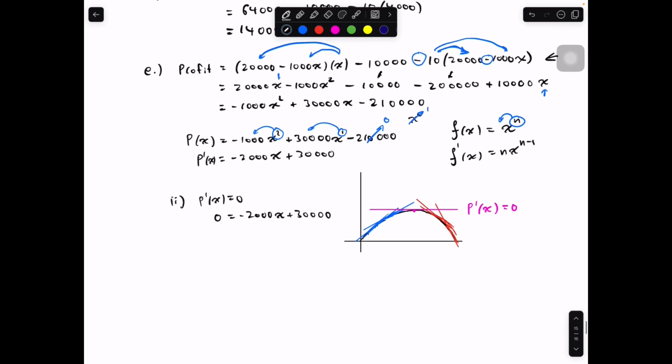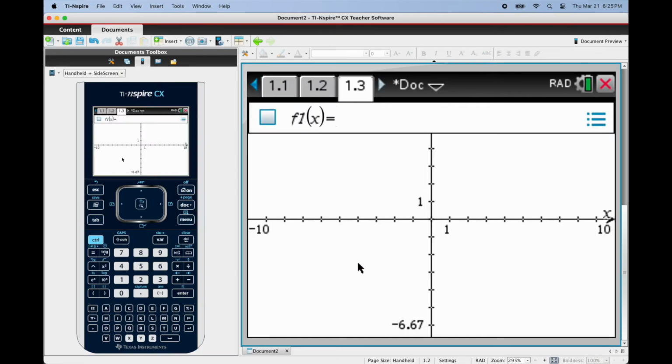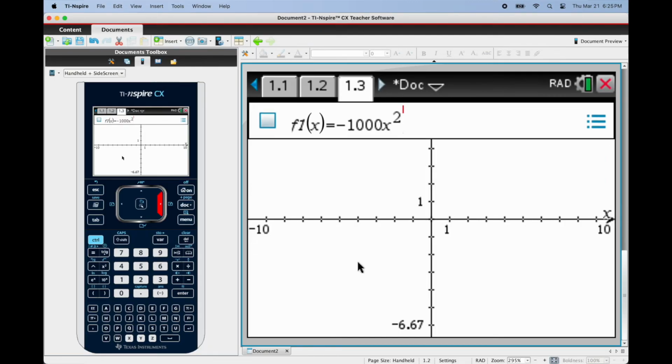Okay, so let's go to the calculator screen and let's graph the original function. So menu, haven't needed to use this at all actually for this exam, which is a little surprising. Negative 1000x squared plus 30,000x minus 210,000.